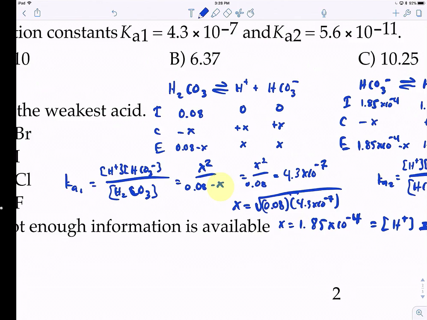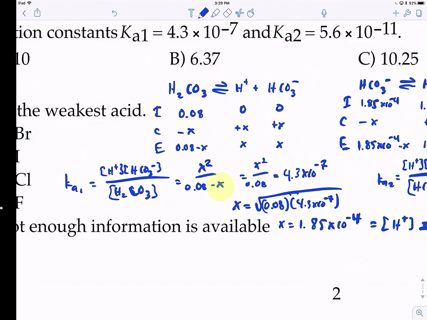So 0.08 minus x, x and x. The equilibrium constant is products over reactants, so the expression becomes x squared over 0.08 minus x. Since Ka is on the order of 10 to the minus 7, you can discount that x if the difference is 10 to the 5, so 100,000. Then we find our x to be 1.85 times 10 to the minus 4 molar. The pH of that is around 4.